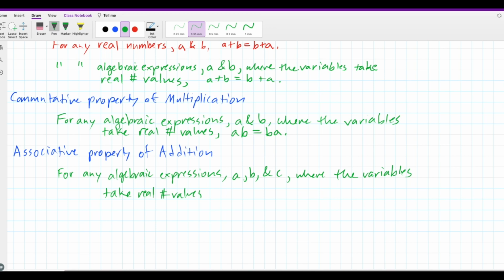Now we're talking about adding those three. If you were to follow the order of operations as generally given, they say go left to right. So if I wanted to add a plus b plus c, you would start by adding a plus b and then add c. But it turns out that the grouping of these addends doesn't matter. So you could instead add a to the sum of b plus c.